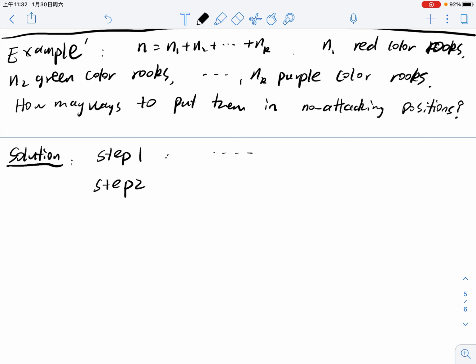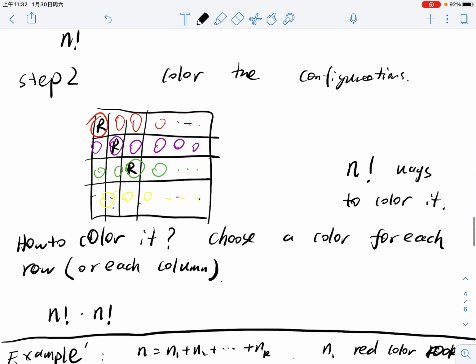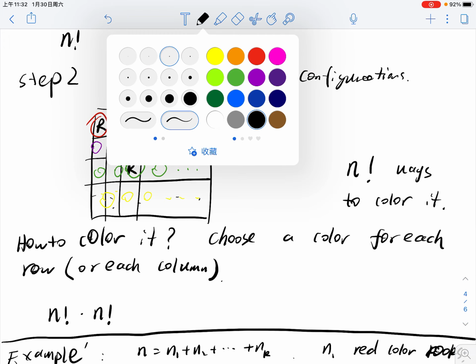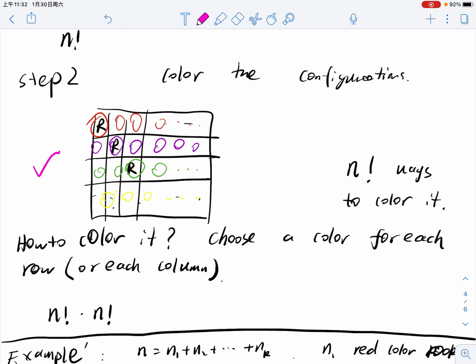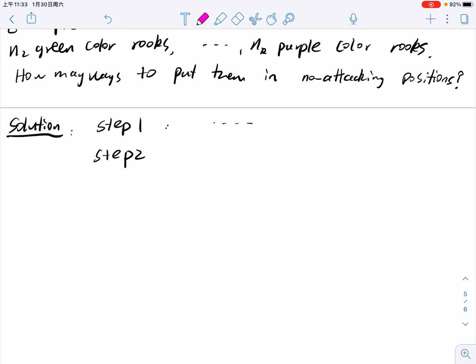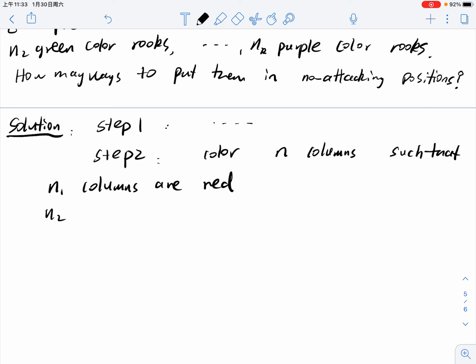And step 2, if you remember this, then what we are going to do is color n columns or rows such that n1 columns are red, n2 columns are green, nk columns are purple.